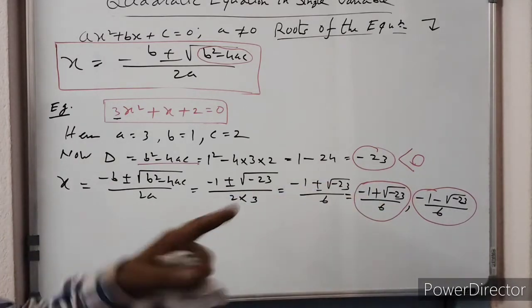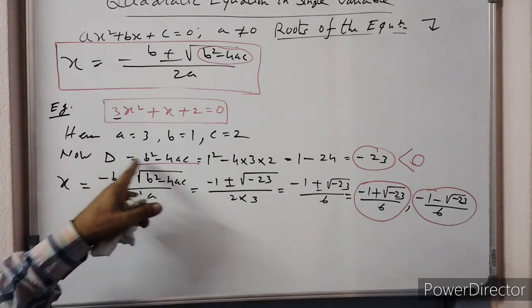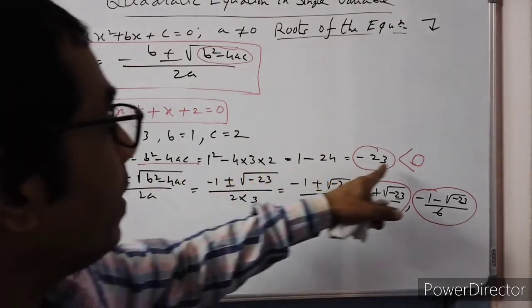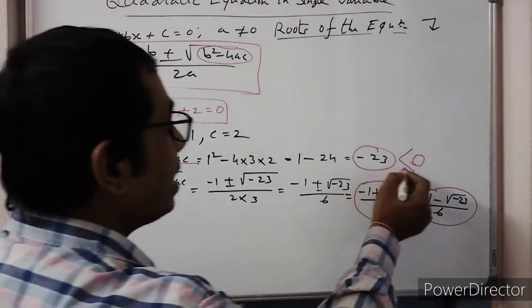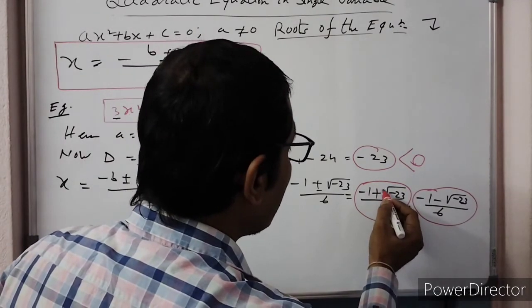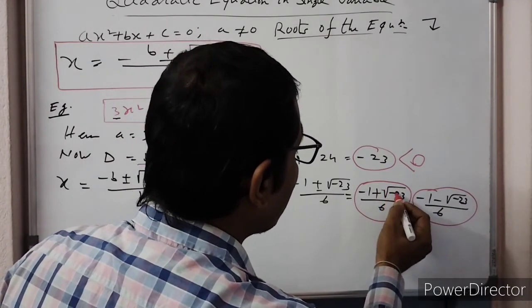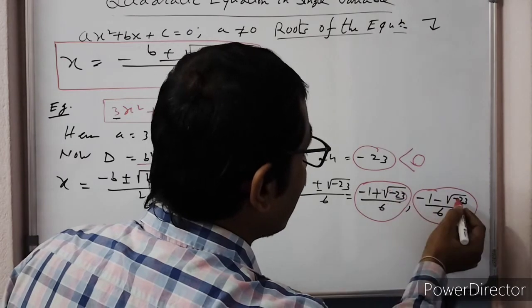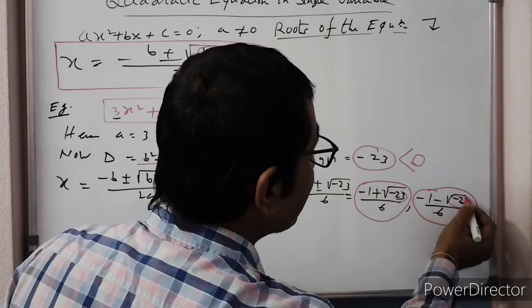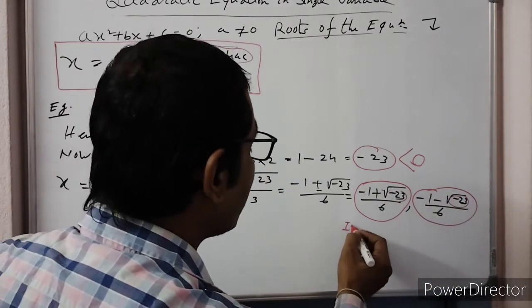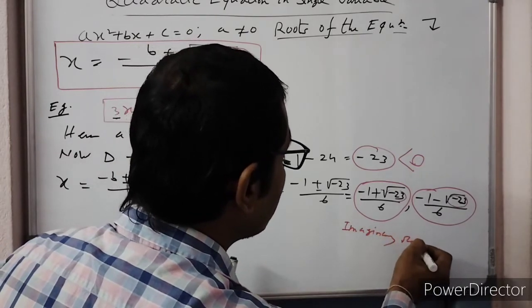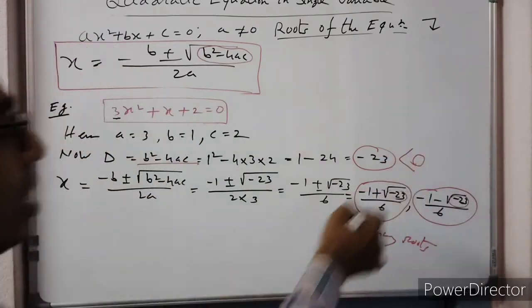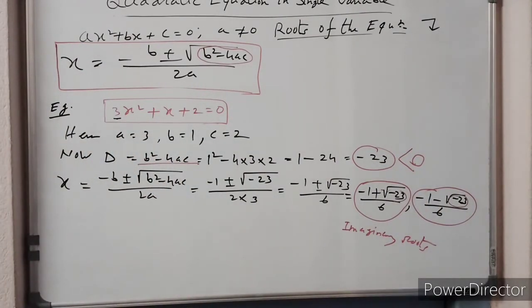In case number 3, if b square minus 4ac, that is the discriminant, is negative, then the roots will be imaginary, because a negative sign arises under the radical term. So the roots are imaginary because b square minus 4ac is less than 0.